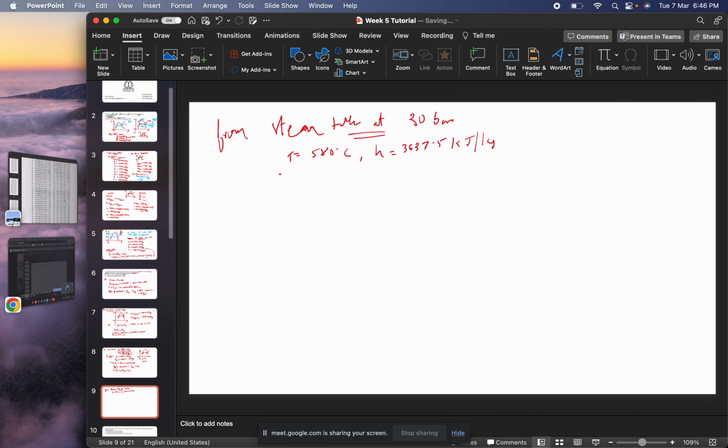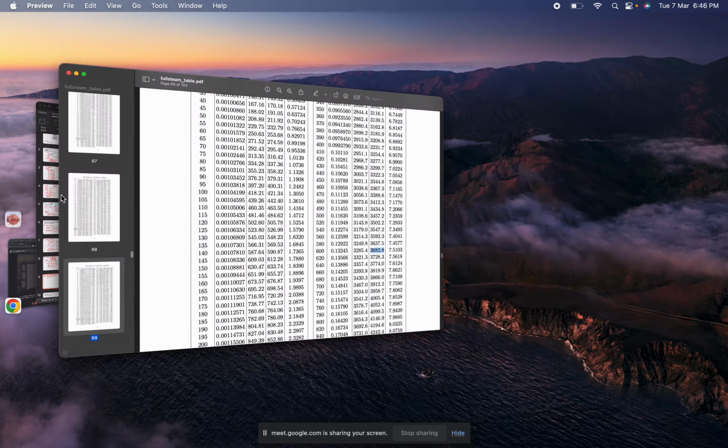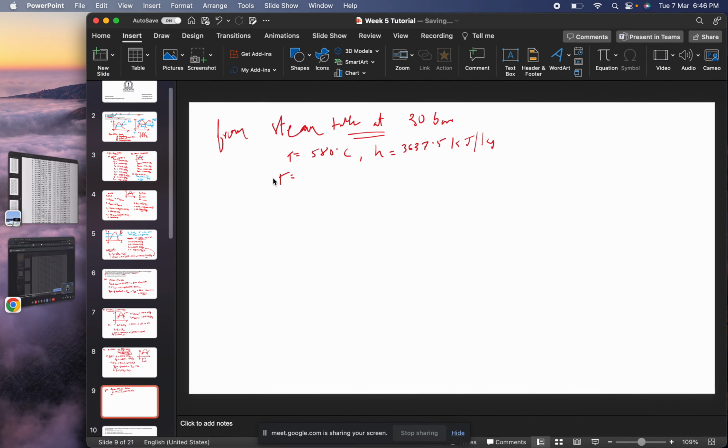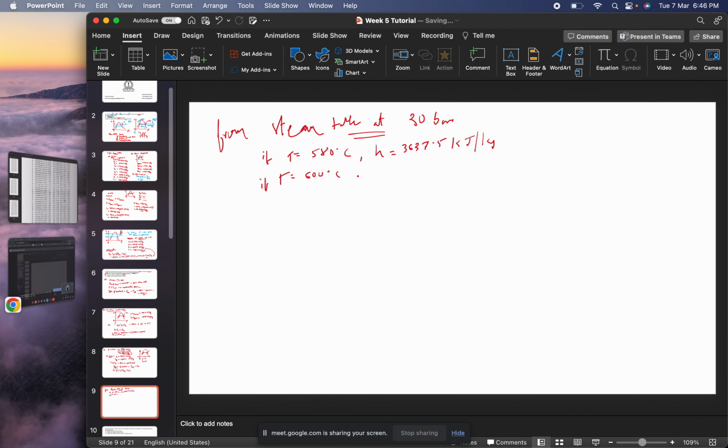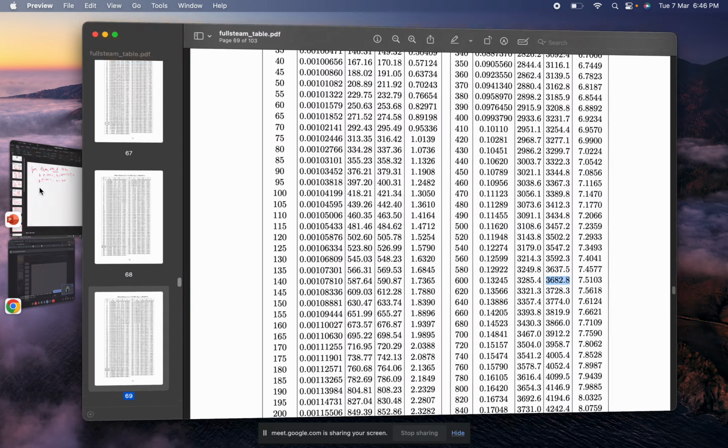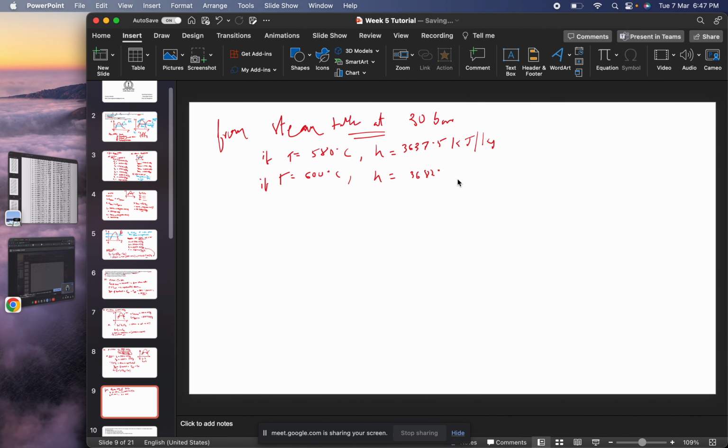And if T is 600 degrees Celsius, then H is 3682.8 kilojoule per kg. So our value will lie between these two. Okay, so how will we calculate? We will calculate by linear interpolation.